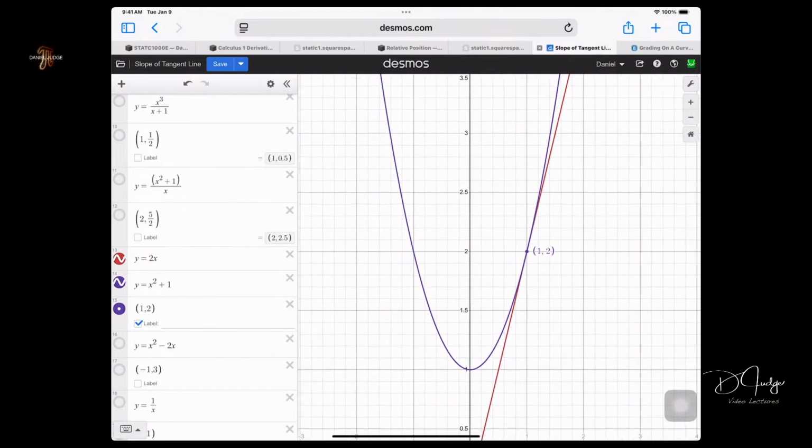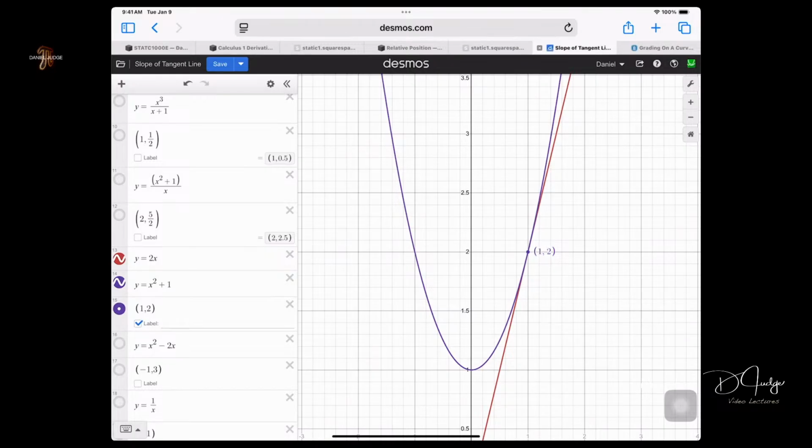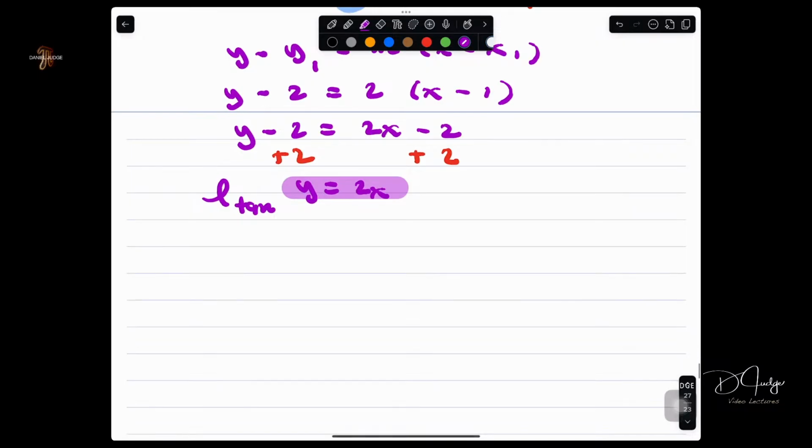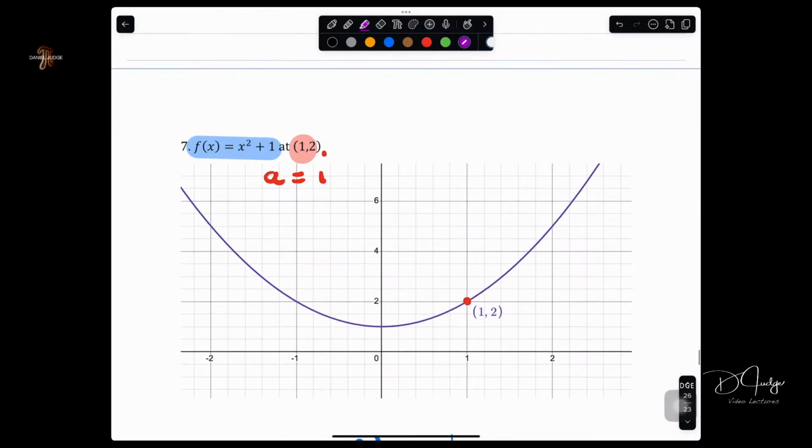So as you can see here in the picture, this is the tangent line that is barely kissing the curve at the location (1, 2). And the equation is y is 2x here. Okay, this is what we're talking about. We just found that location.